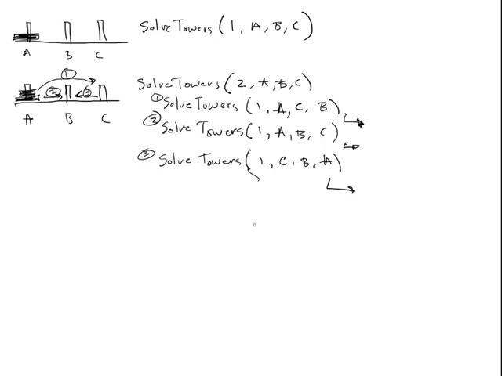So when it's 3, you're going to have to go to 2. And then 2 is going to need to make all these same calls. And then you're going to go down to 1, and then 1 is your base case. So that's really the solution to the Towers of Hanoi problem.